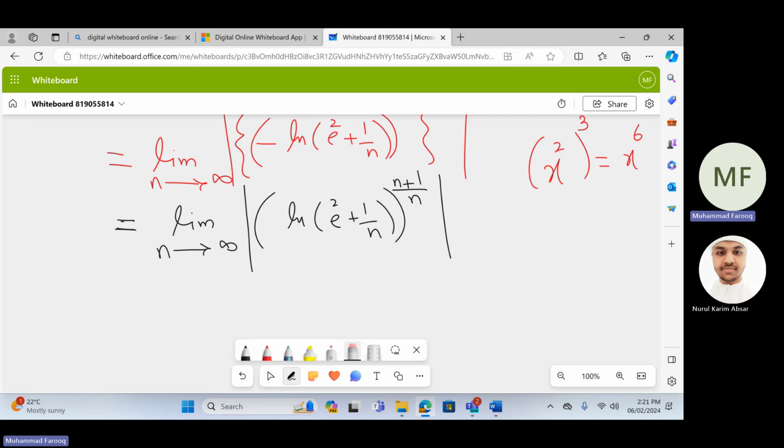This is the benefit of the absolute value. Okay, so I get rid of this negative sign because of the absolute value.